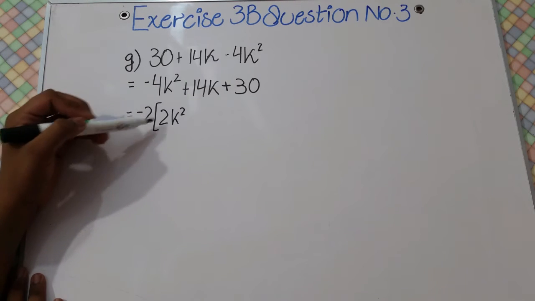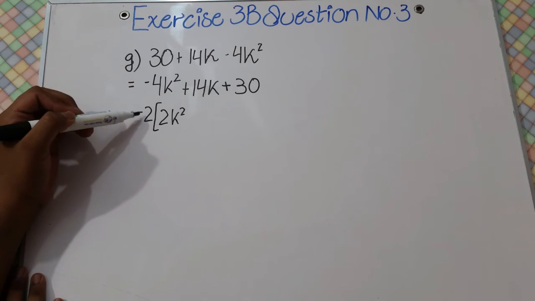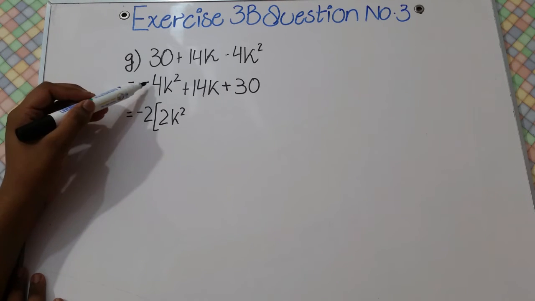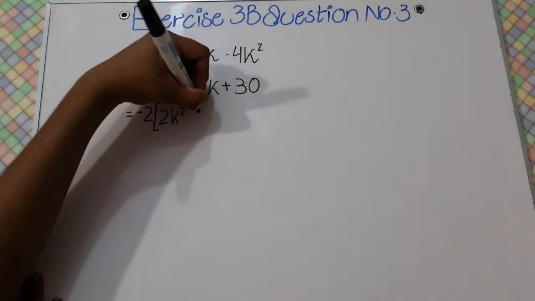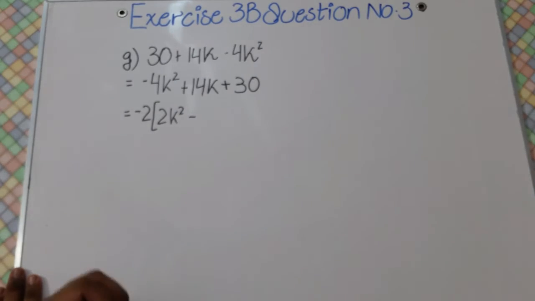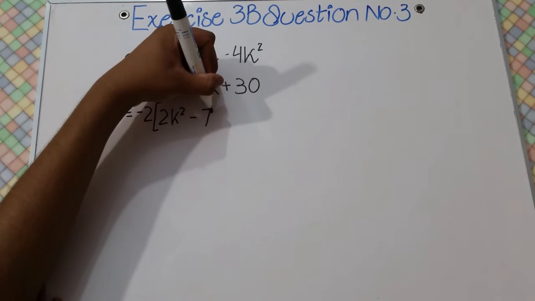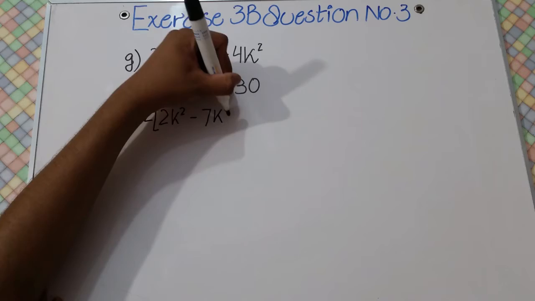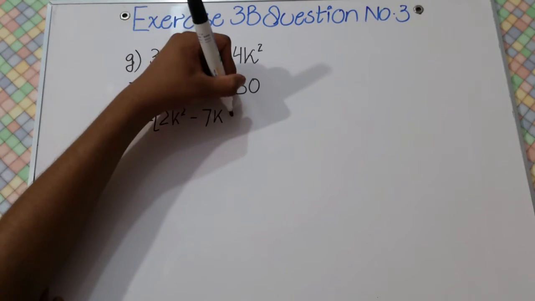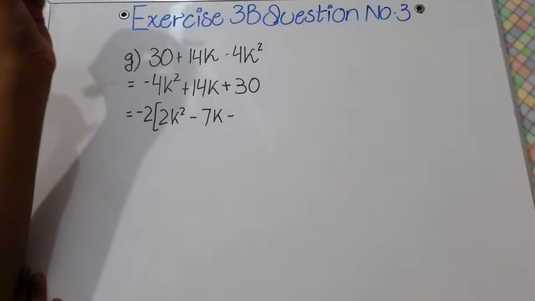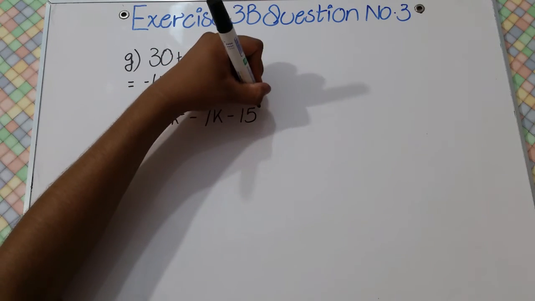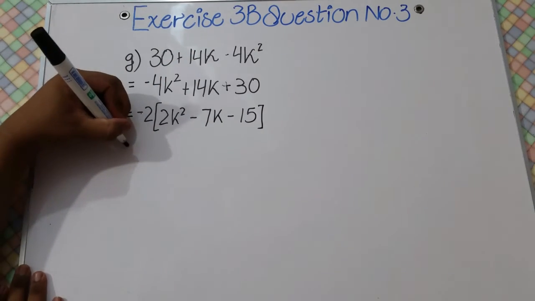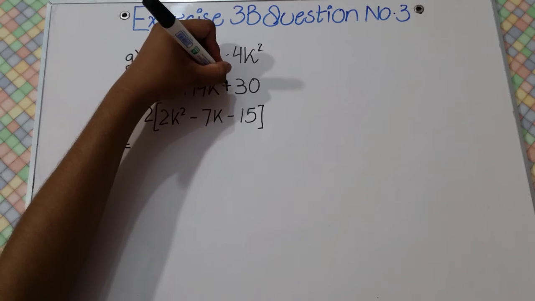Also as this sign is common, we need to multiply this negative sign with all of these. So minus plus is minus, and then 2 divided by 14 is 7, then minus plus minus, 2 divided by 30 is 15, so it is minus 15. Okay, so now we need to find the middle term of 7.